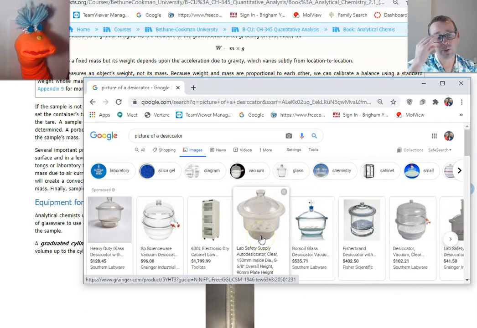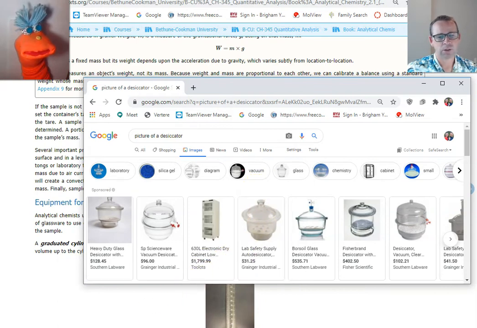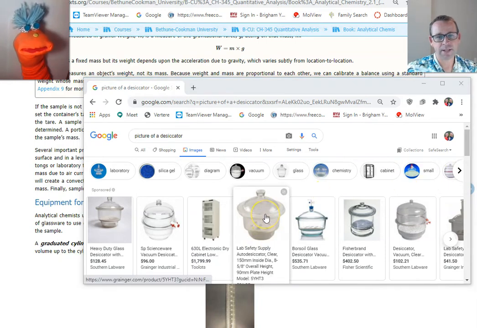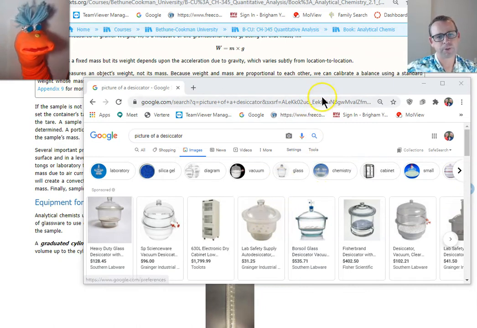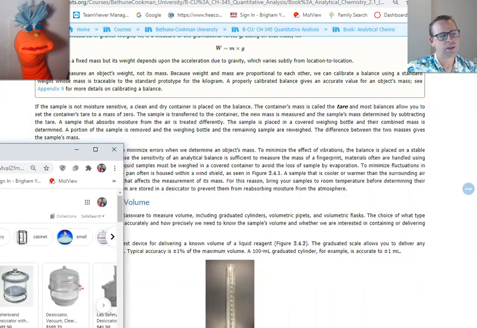Calcium chloride is generally what it is, and it will absorb water from your surroundings, from your sample. And so you can dry things inside here. You want to be careful about putting something that's hot in here because that can create pressure and can either break or push the lid off, right? But yeah, there are desiccators available to help us make sure something is dry before we weigh it. Okay.